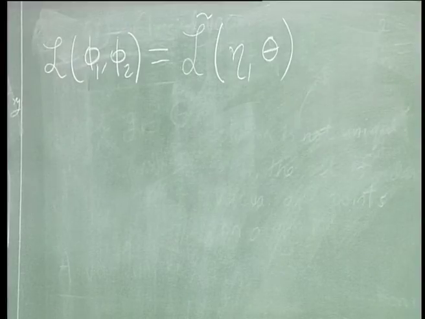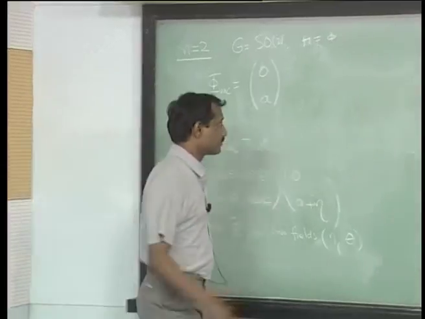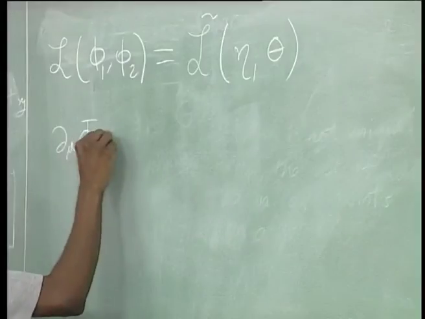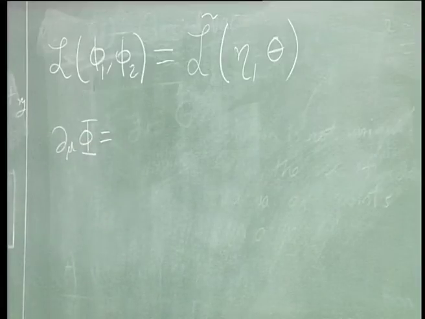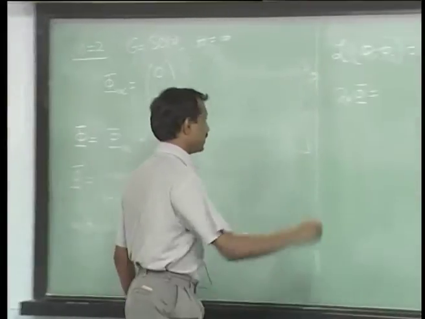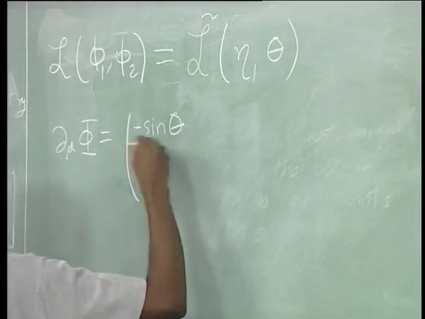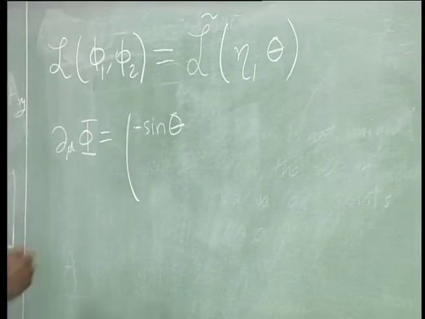Okay. So, first step is to work out what d mu of phi would look like. D mu can act on these guys. So, I get, I will do it a little fast, hopefully you won't mind.